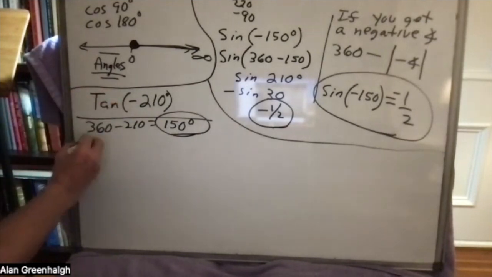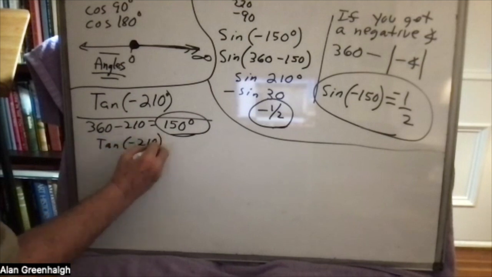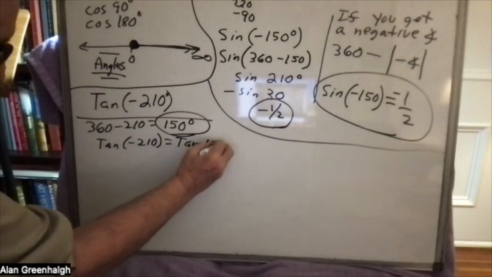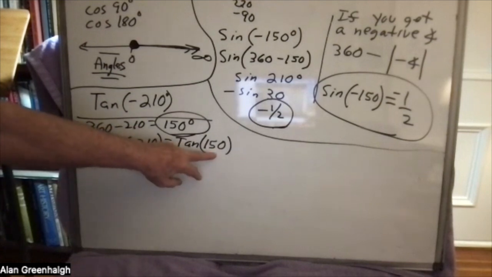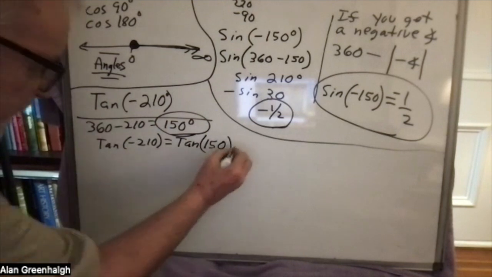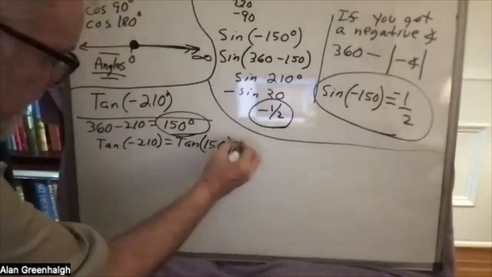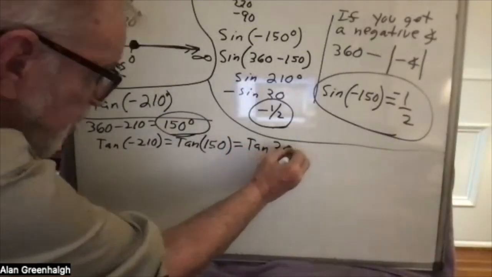In other words, the tangent of negative 210 is equal to the tangent of 150 degrees. Okay? And that's a second quadrant angle. So to convert it to a first quadrant angle or a reference angle, we subtract 180 minus 150. This is really the tangent of 30 degrees.